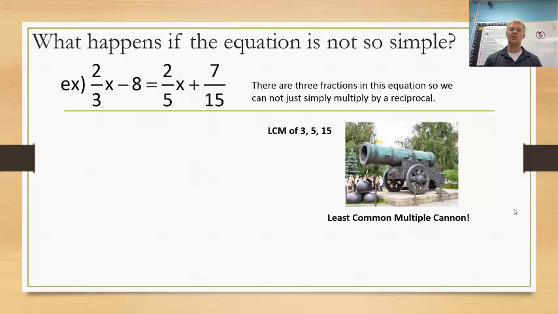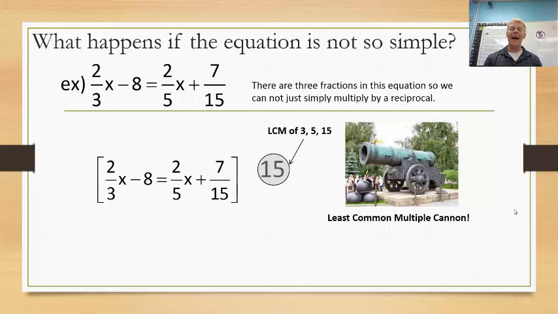So what is the smallest number that all 3, 5, and 15 can all go into evenly? And that is 15. So the least common multiple is going to be our cannonball, if you will. That is what's going to be fired at our equation and is going to do the damage to destroy our fractions.